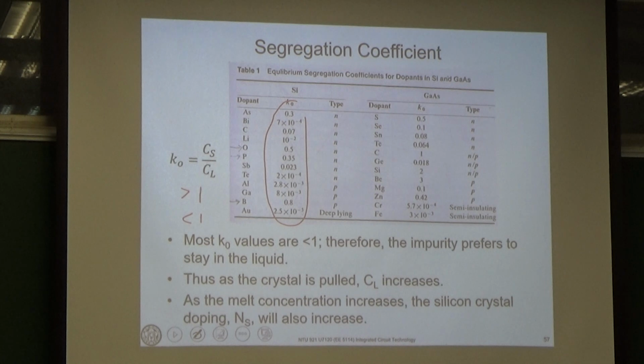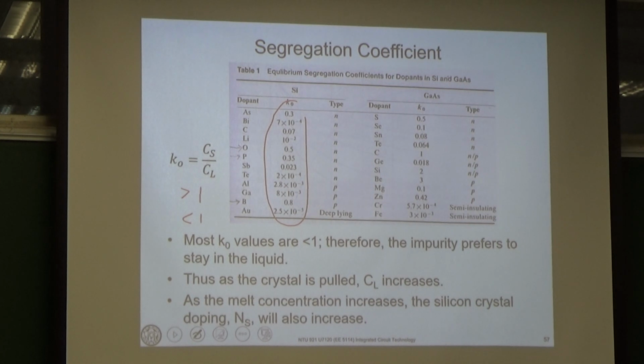So as your ingot moves to the top, you can imagine the dopant profile or the impurity profile: there's more pure material underneath, but as you go upward, the dopant concentration or impurity will increase.